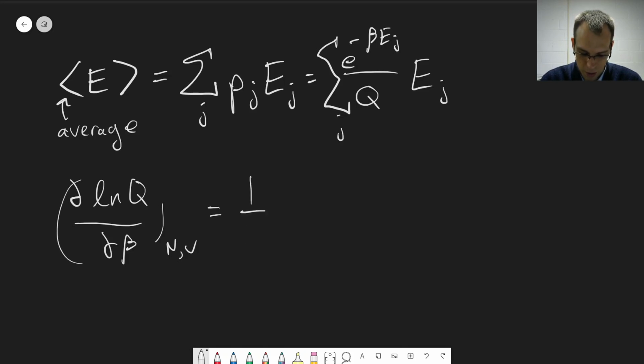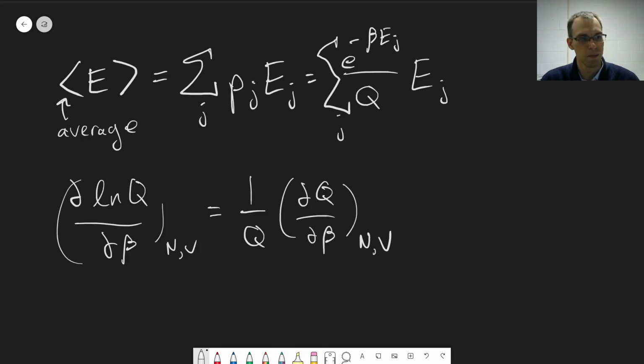So we can say, okay, this is also equal to 1 over Q times dQ d beta, so we can get rid of the natural log. These are equal to each other by use of the chain rule. And then we can write the definition of our partition function.